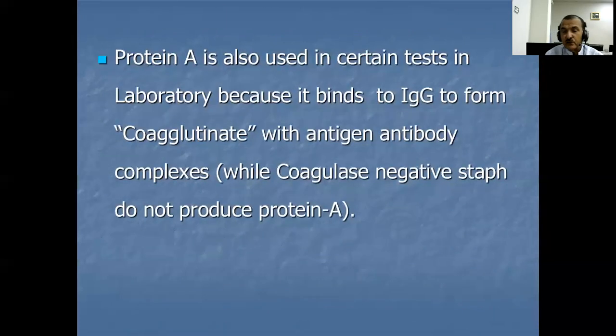Protein A is also used in certain tests like the coagulase test because it binds to the IgG to form coagulate antigen-antibody complexes, while coagulase-negative staphylococcus do not produce protein A. So there are two functions of protein A. Number one, it is antiphagocytic, and number two, it is used in certain laboratories for coagulation tests.